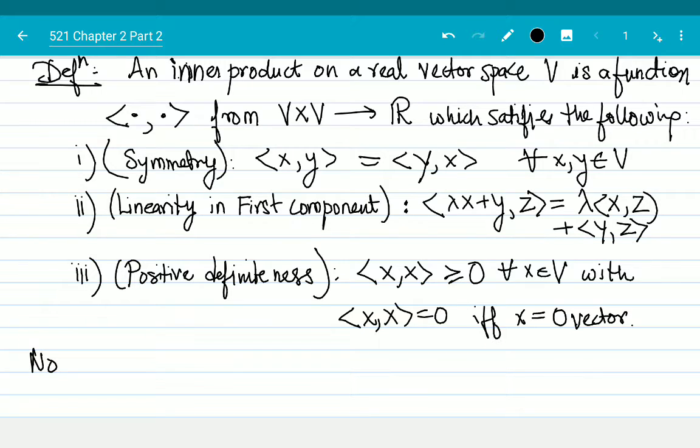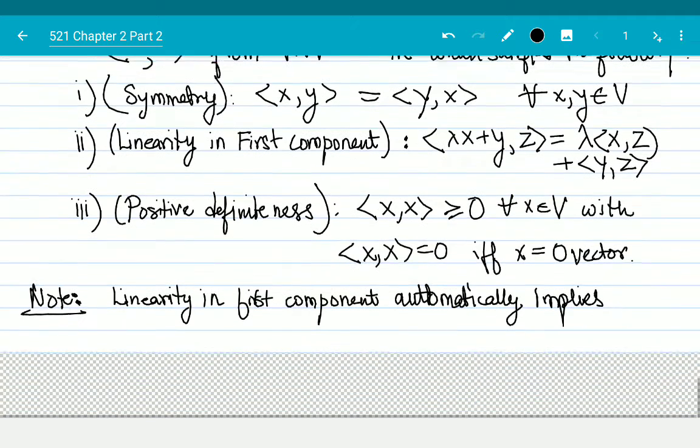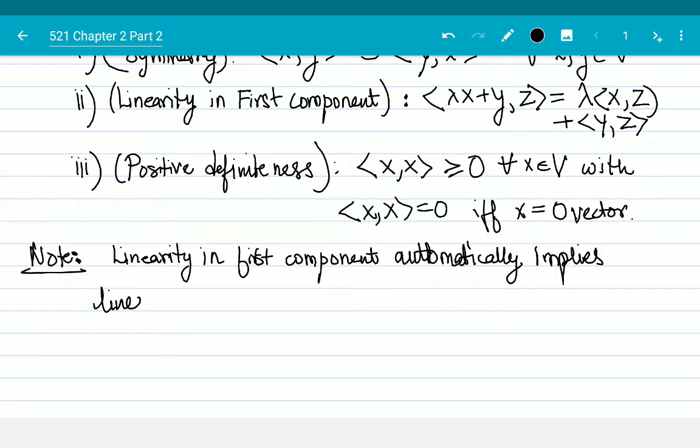Note, linearity in the first component automatically implies linearity in the second component for real inner products.